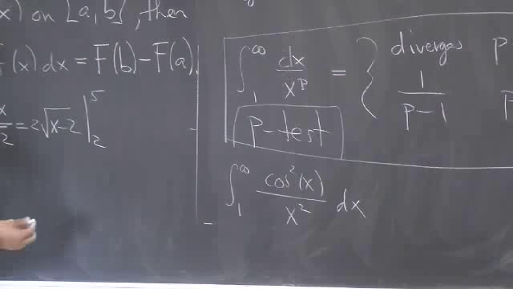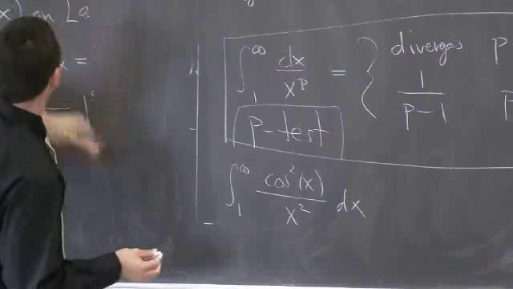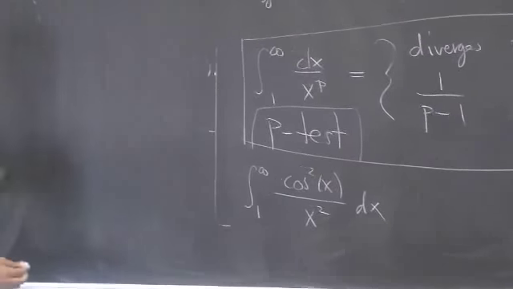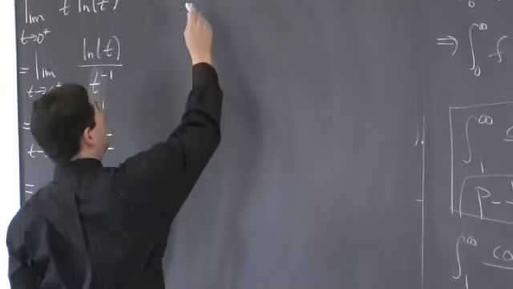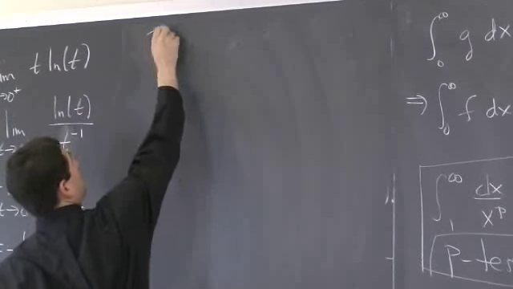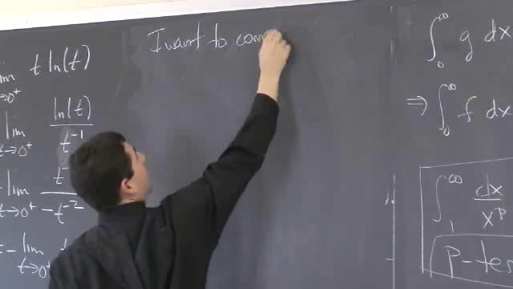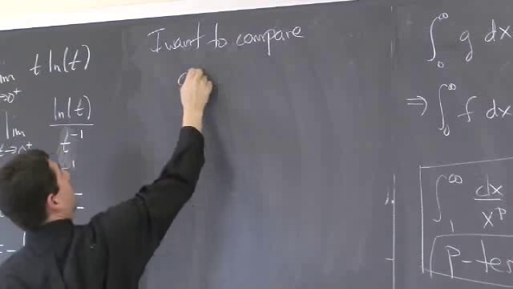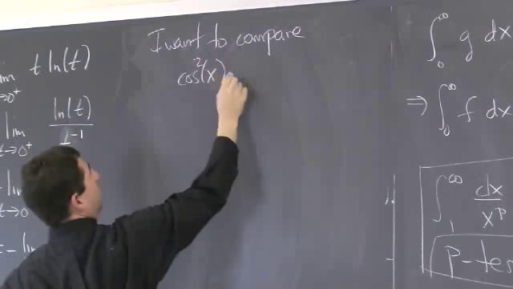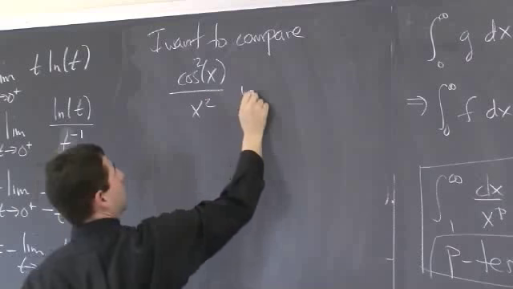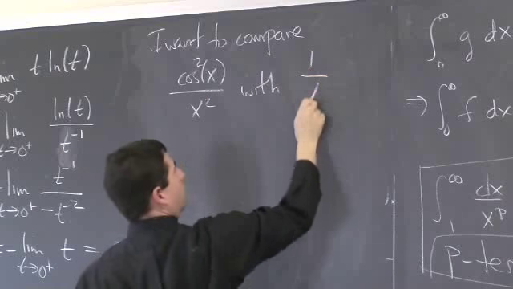Okay, well, let's take a look. I want to compare cosine squared x over x squared with 1 over x squared.